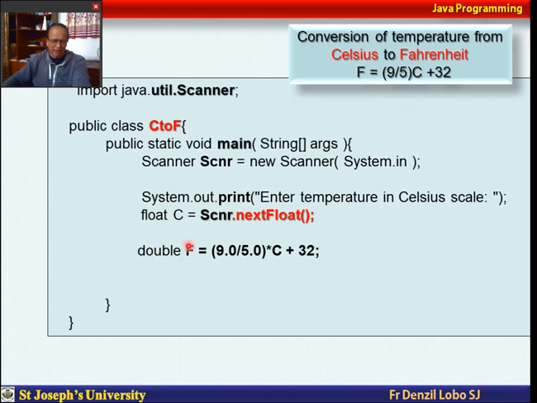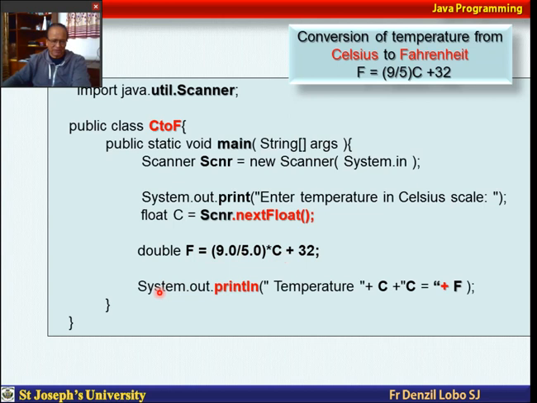I declare F as double, then 9.0 divided by 5.0 times C plus 32. This is the mathematical formula being converted into a Java assignment statement. So here we have calculated the temperature in C to F. We have converted C to F.